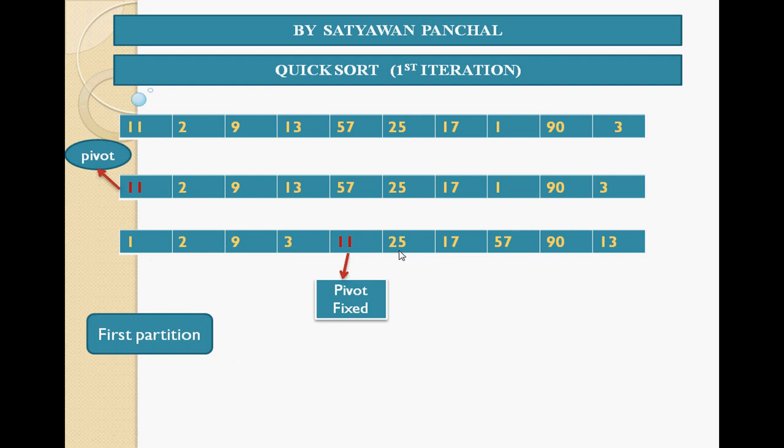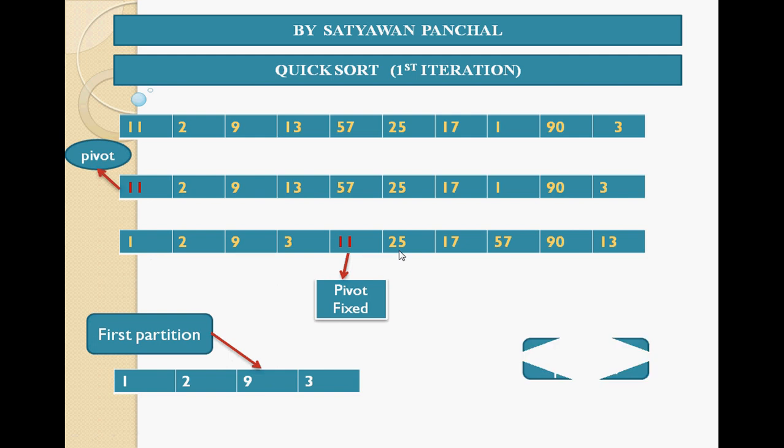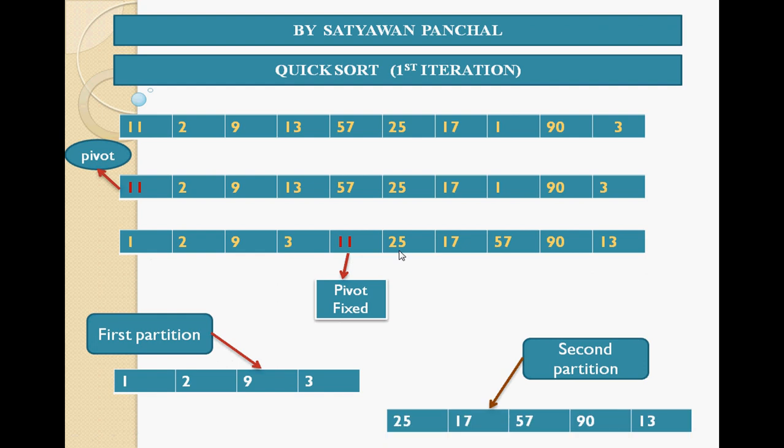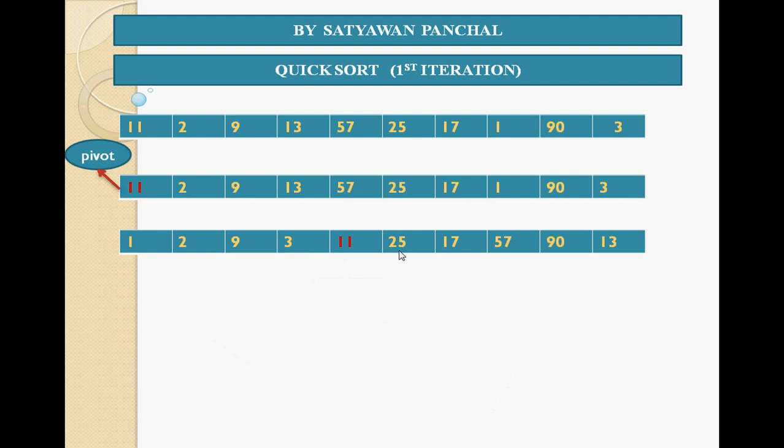This is the first partition that will be taken into consideration in the next quick sort, and this is the second partition that will be taken for sorting.